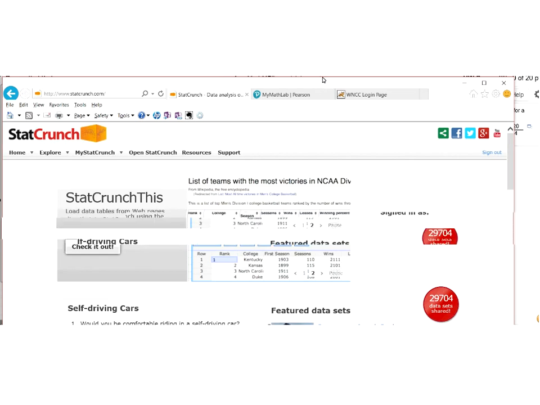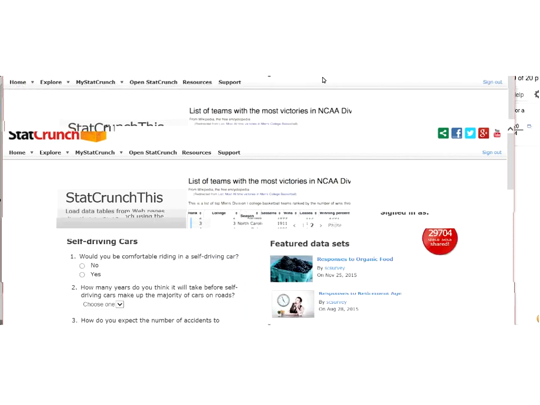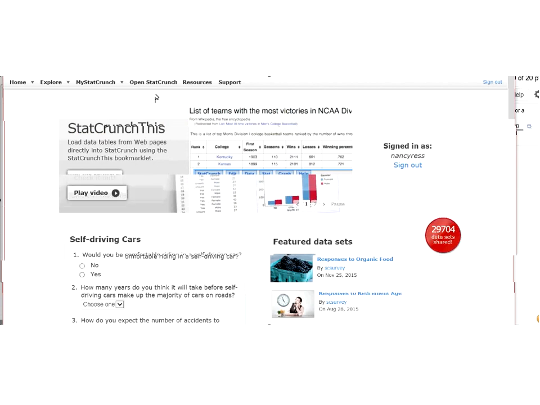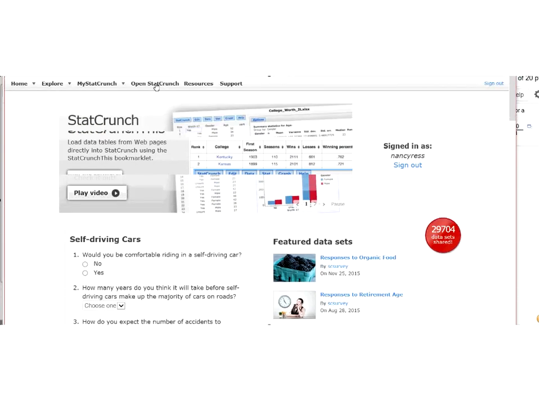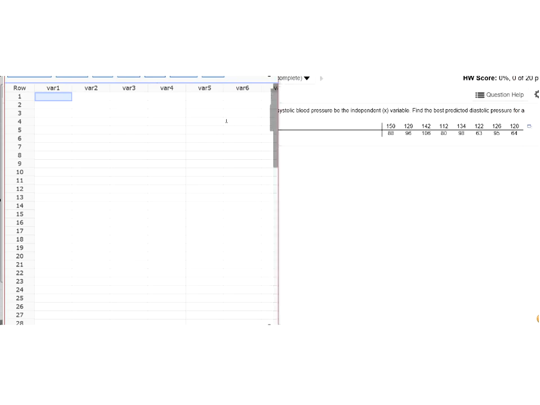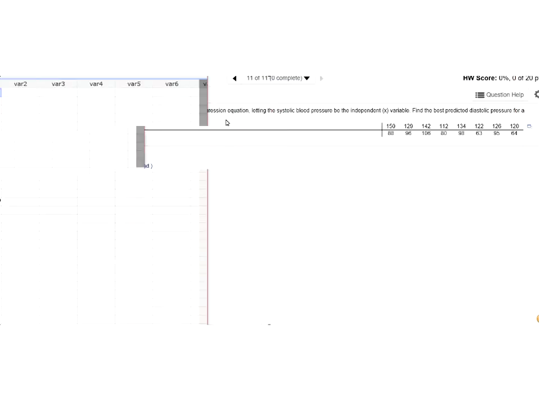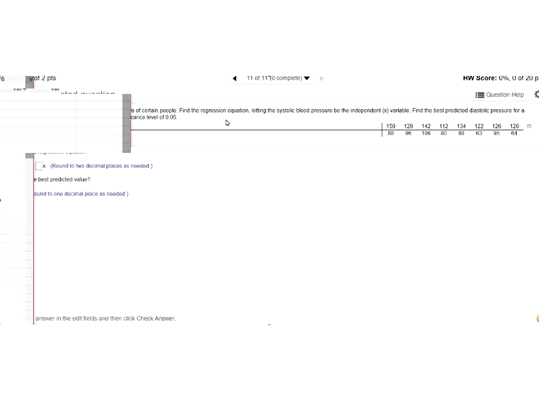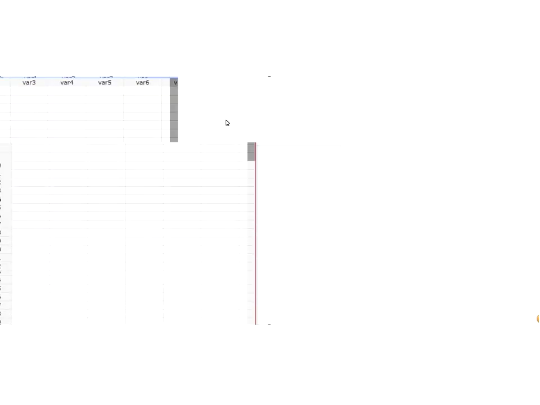So once you get this pulled up, if you want to put in some data, just click on Open StatCrunch. And then you're just going to enter the data that they gave you. So in this problem, we had the systolic blood pressure and the diastolic.